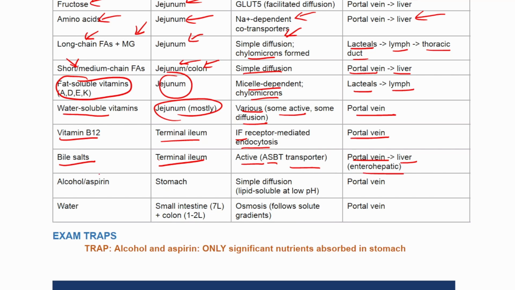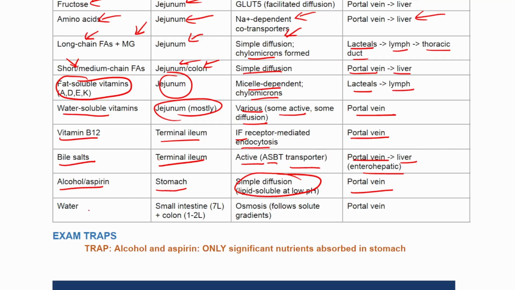While the vast majority of absorption is strictly restricted to these downstream intestinal segments, specific lipid-soluble compounds can cross the epithelial sheath much earlier. Alcohol and aspirin are uniquely captured early in the stomach via simple diffusion because they remain highly lipid soluble at low pH, draining immediately into the portal vein.